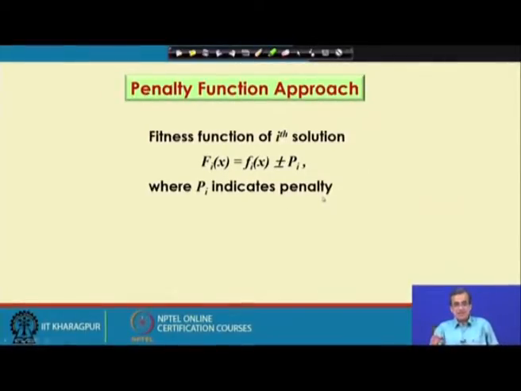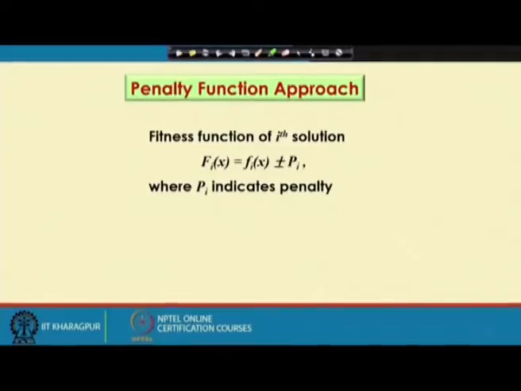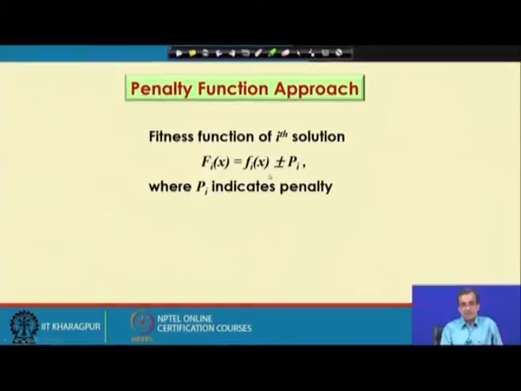Now, this p_i has a positive value. Supposing that I am solving a maximization problem, for solving the maximization problem this penalty term has to be subtracted. On the other hand, if I want to solve a minimization problem, I will have to add this penalty term.